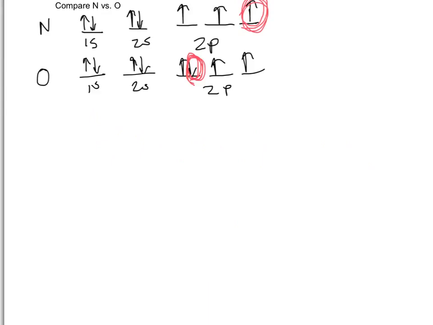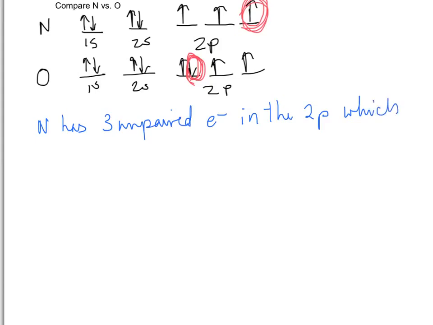So we'd say nitrogen has 3 unpaired electrons in the 2p, which is a stable configuration.